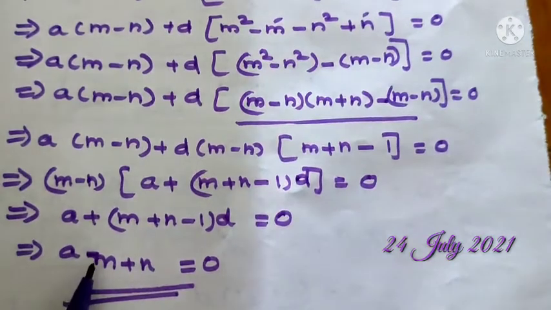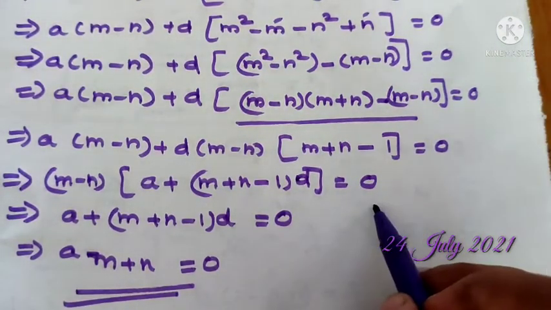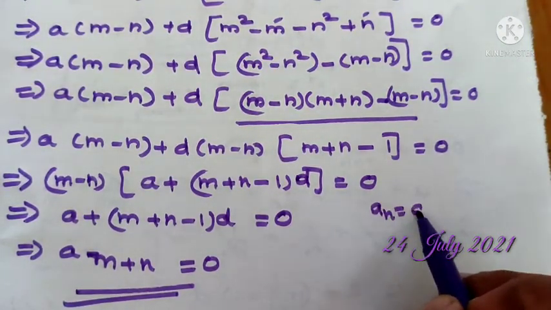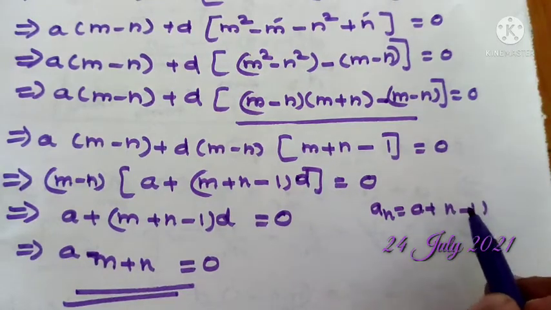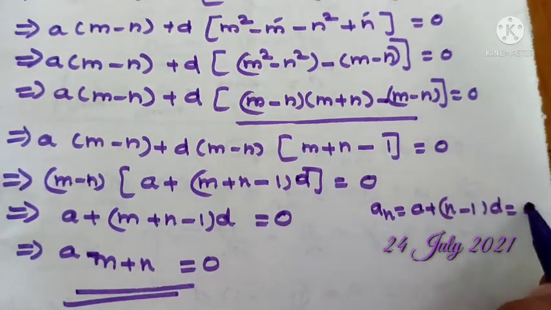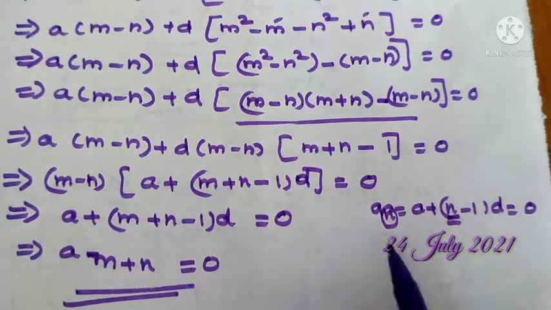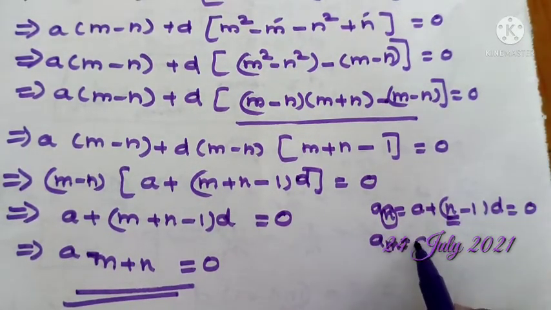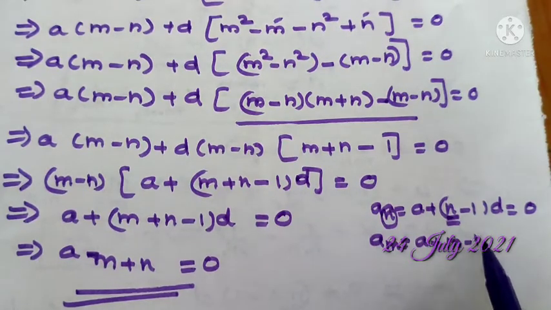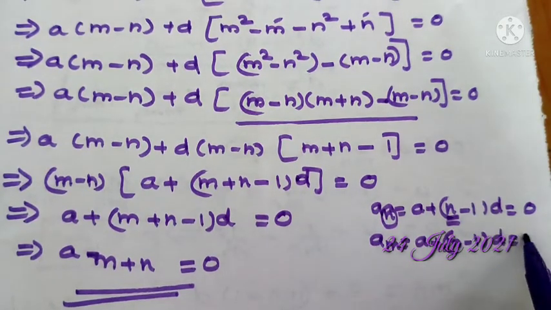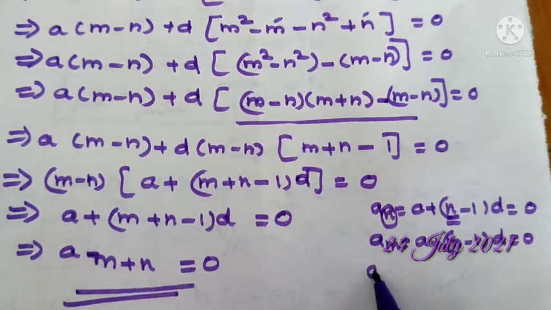Now some of you got a doubt how this one. I'll just explain. Listen here. When we are writing a + (n - 1) into d only, here n is there, n will come, right? If I want to write for m, what will I write? a + (m - 1) into d only. Now the question comes, show that m plus n.